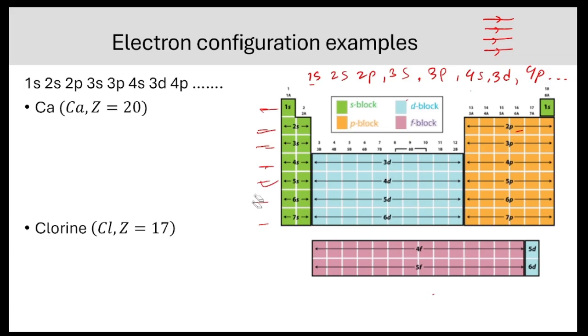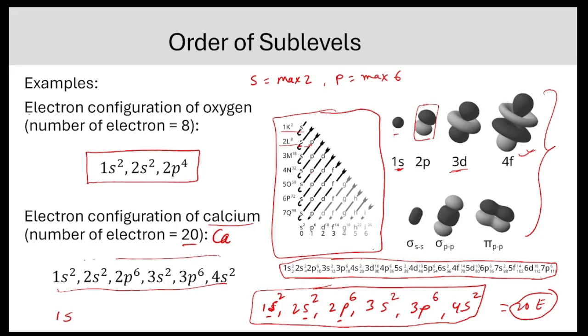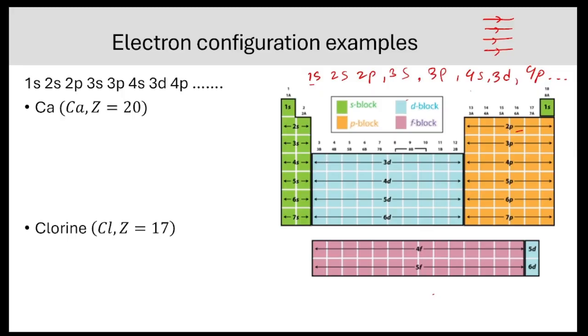Now let's look at more examples. Calcium. We already did that calcium example here, and we can do the same from the periodic table. Calcium is 20, so 1 2 3 4 5 6 7 8 9 10 11 12 13 14 15 16 17 18 19 20. So calcium is here.